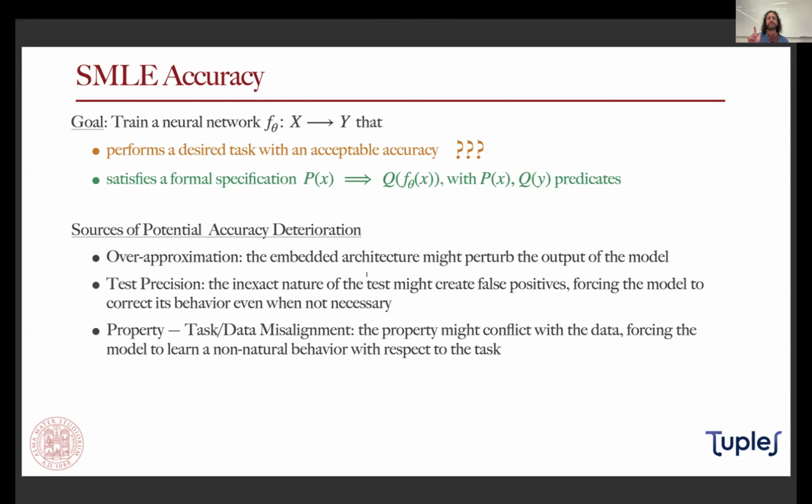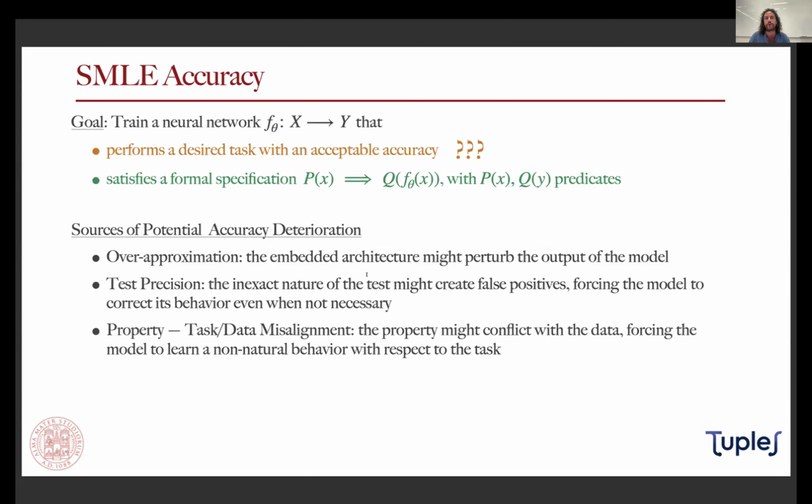The second reason is test precision. As I said, we are relying on an over-approximation. We might produce false counterexamples, which means that we might force the behavior of the network, even though this was unnecessary.